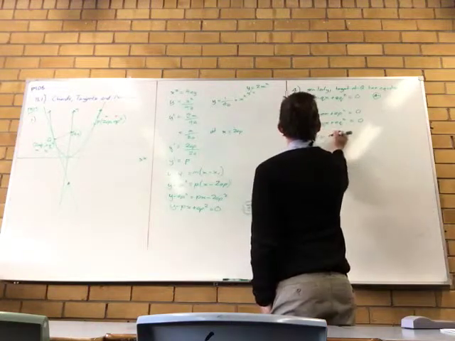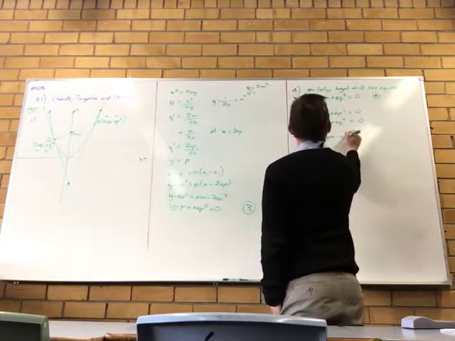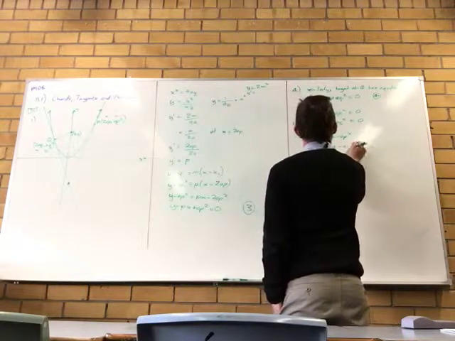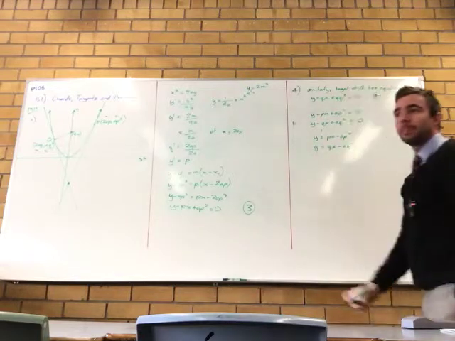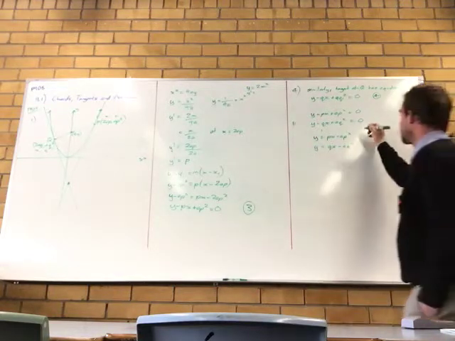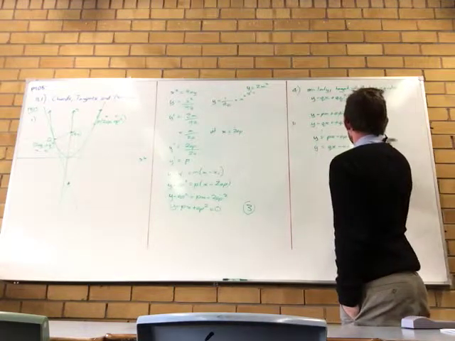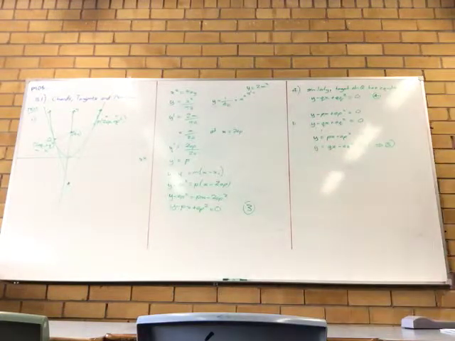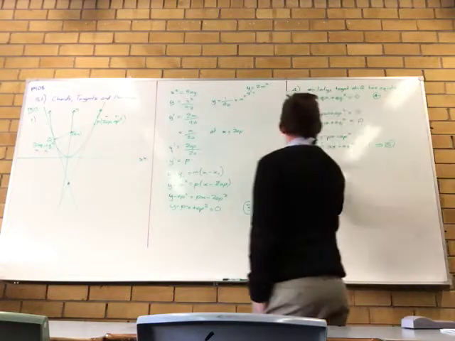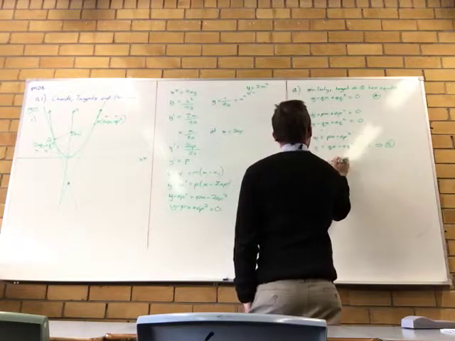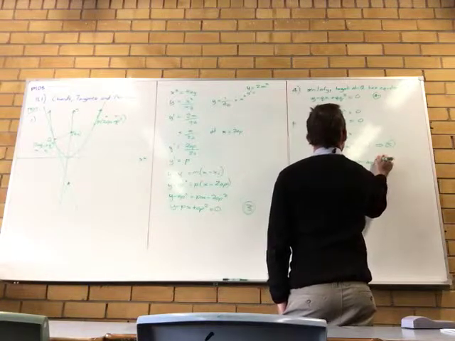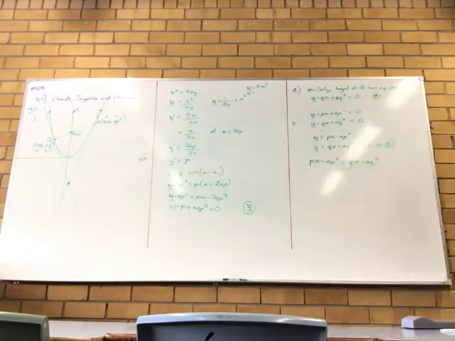So y equals px take away ap squared, and y equals qx take away aq squared. So we're going to put number 5 equal to number 6. So rewriting it, px take away ap squared is going to be qx take away aq squared. So that's what you need now to solve for x.